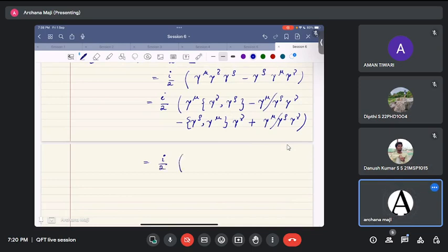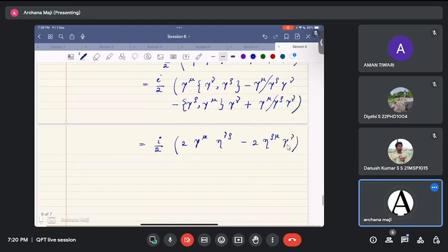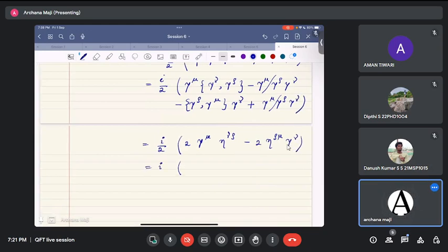Now you can use the Clifford algebra, which was 2 times eta mu nu. So 2 times gamma mu eta nu rho minus 2 times eta rho mu gamma nu.